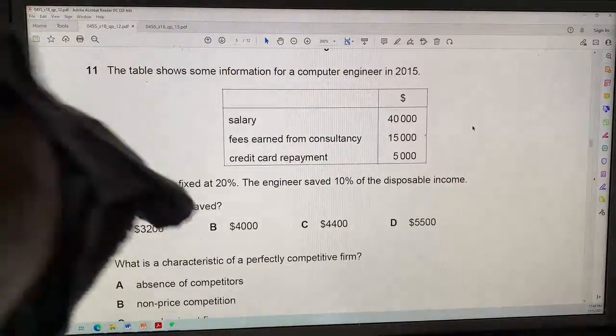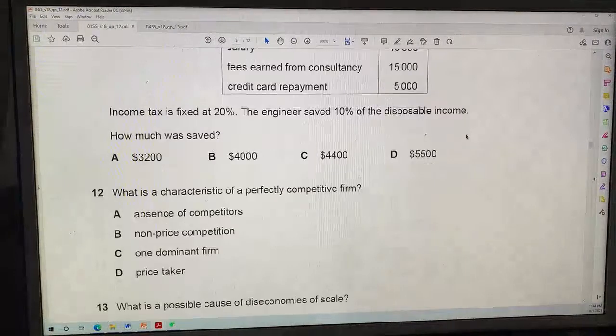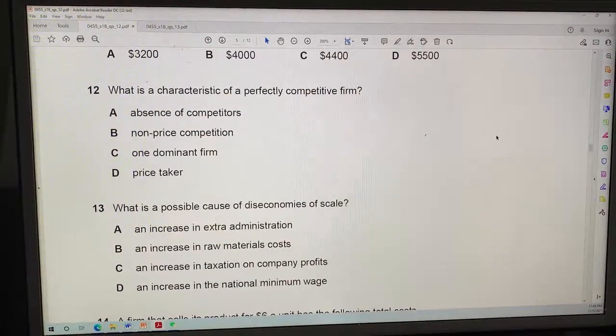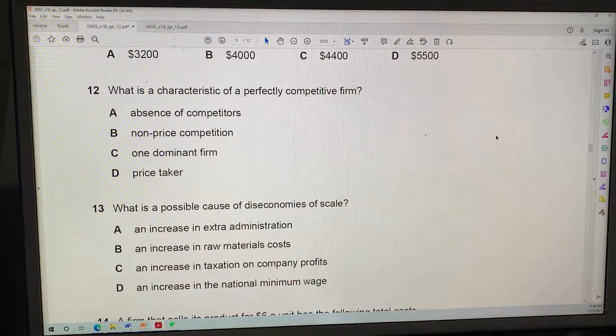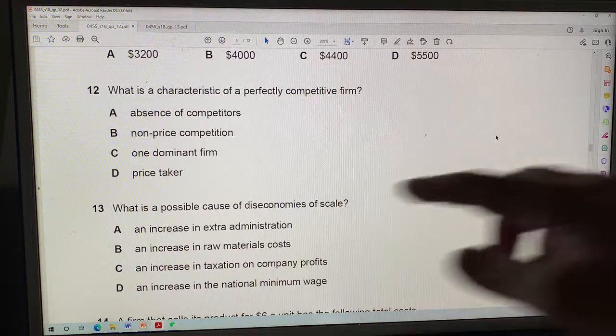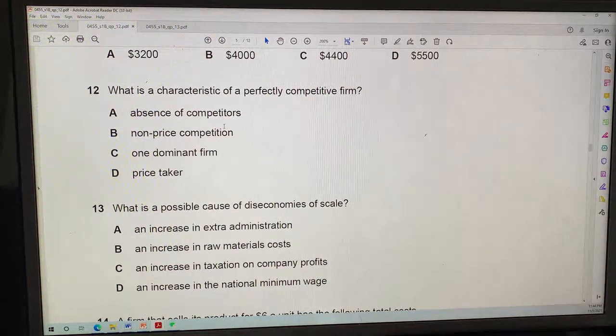Next question is 12. What is a characteristic of a perfectly competitive firm? Perfectly competitive firm, let's see. Same products, no. It's not A, there are many competitors.